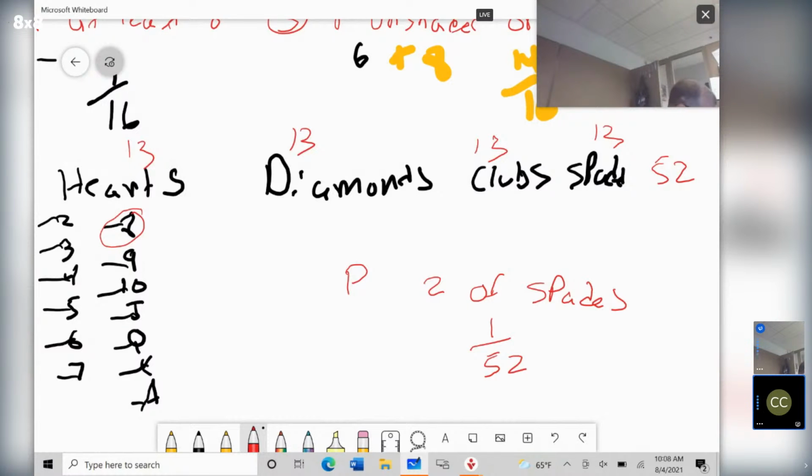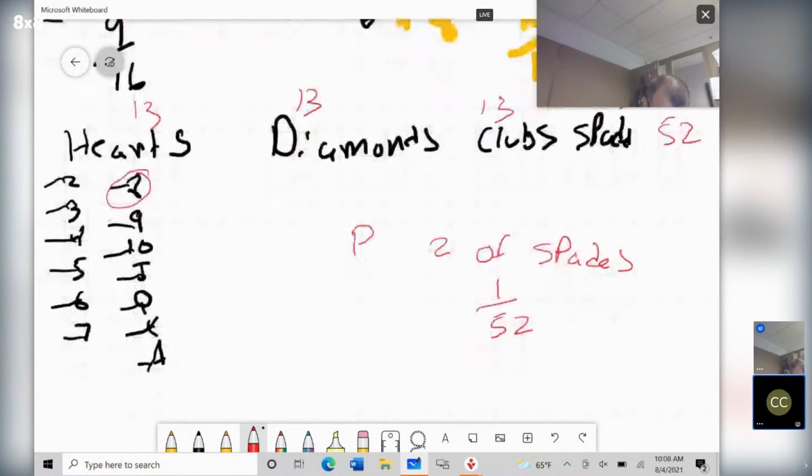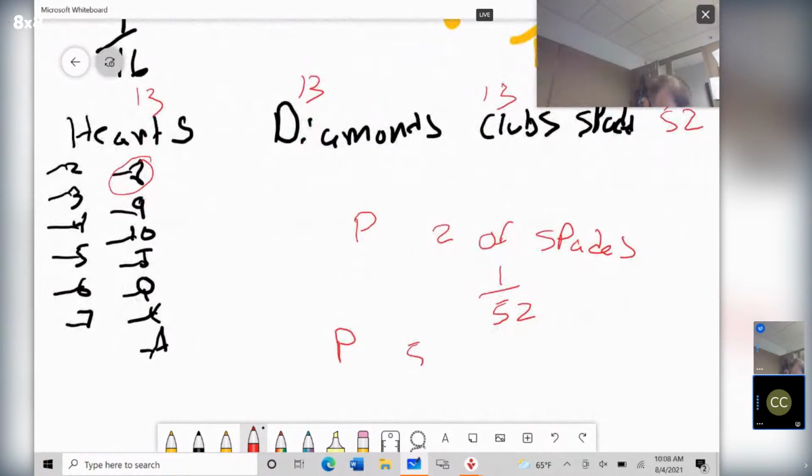Okay, so the next one, if I asked you what's the probability of getting a 5 or a queen? In hearts, there's going to be a 5 and a queen. Diamonds, there's going to be a 5 and a queen.